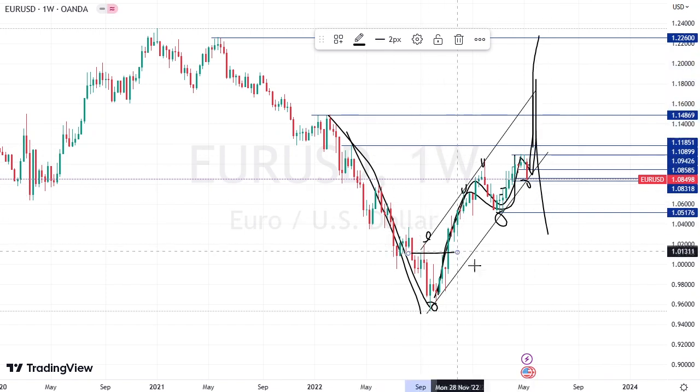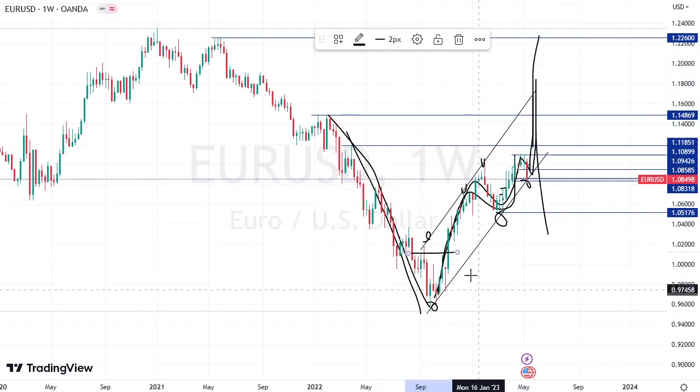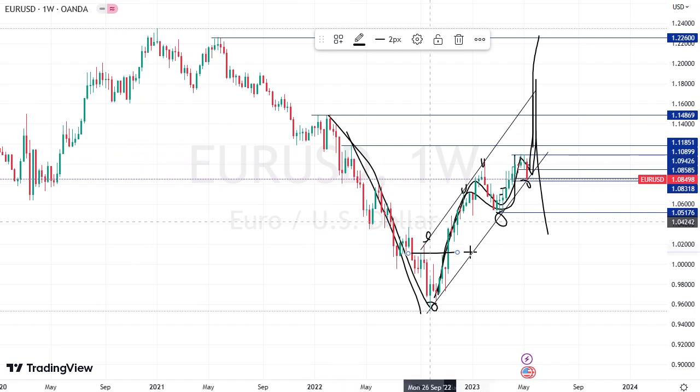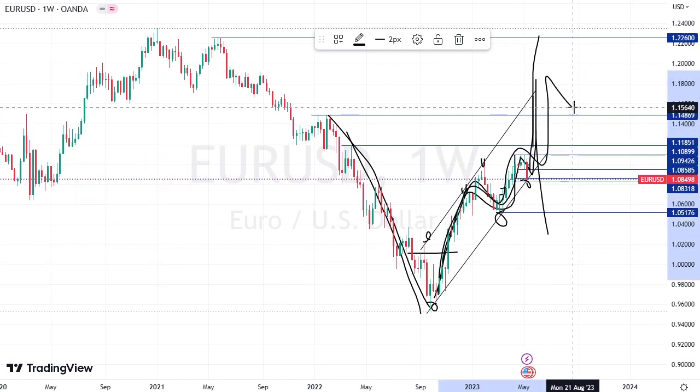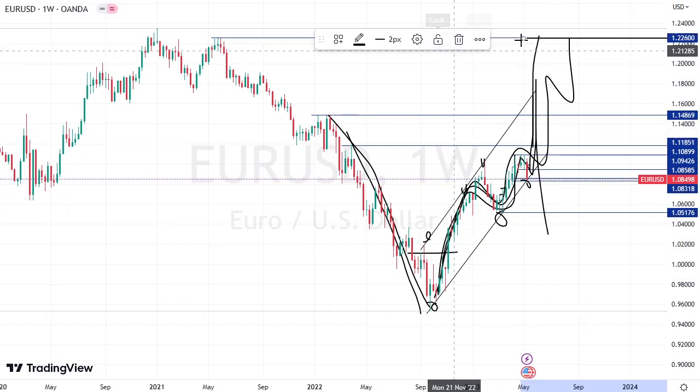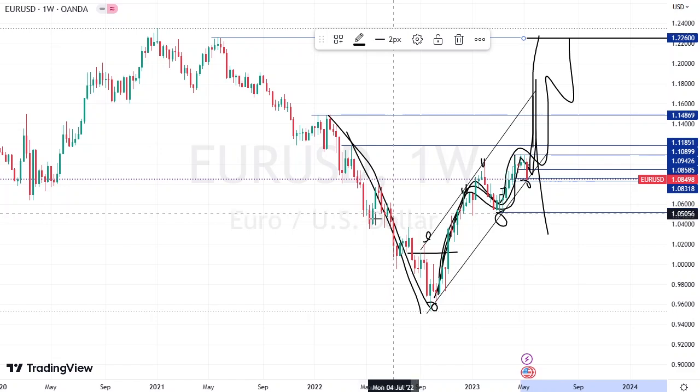If it broke this low over here, because then the market was in a downtrend, then it broke that trend, so we might be coming to this high over here.